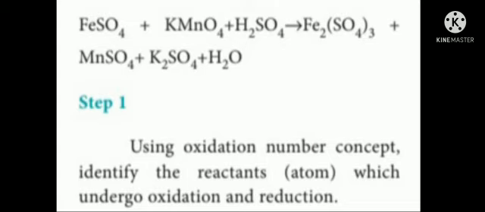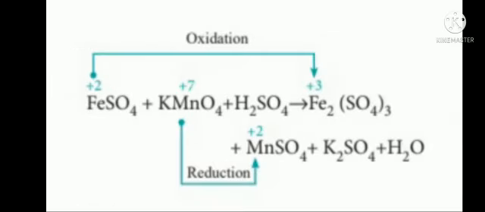Step 1. Using the oxidation number concept, identify the reactants or atoms which undergo oxidation and reduction. In this reaction, the oxidation number of Fe in FeSO4 is +2 and the oxidation number of Mn in KMnO4 is +7.